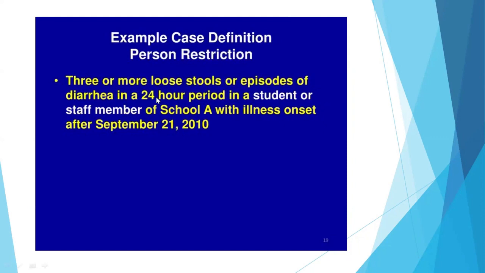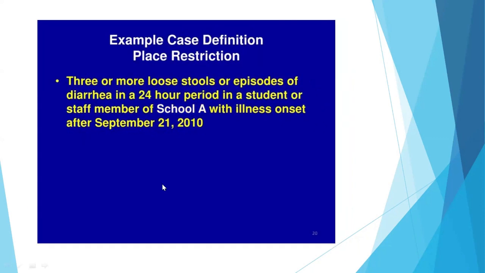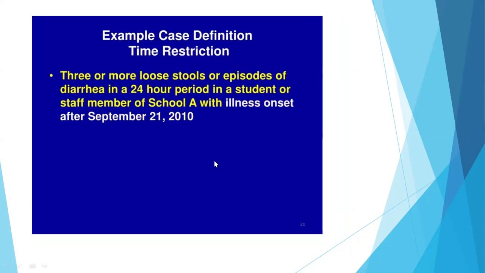Person restriction is a student or staff member. Place restriction is school A. And time restriction is that illness onset should be after September 21, 2010.